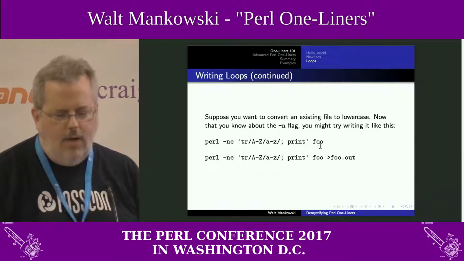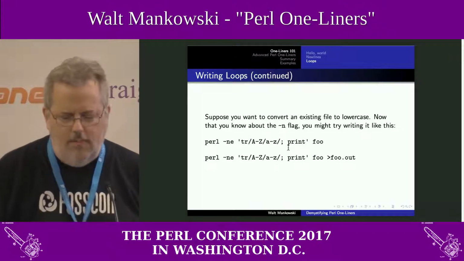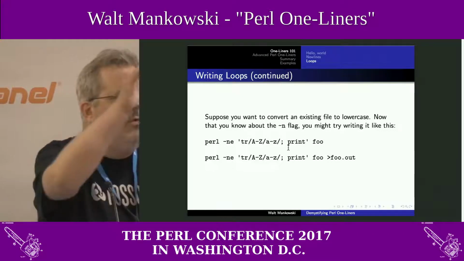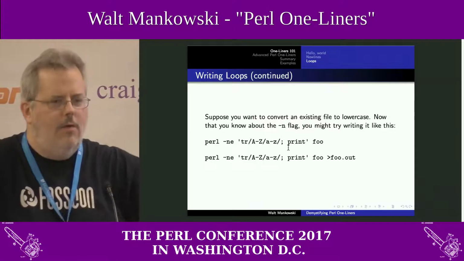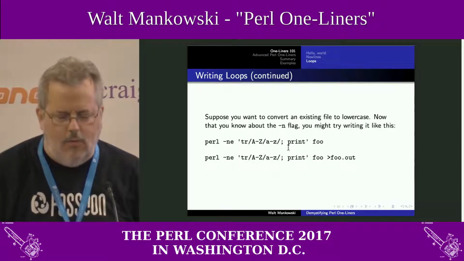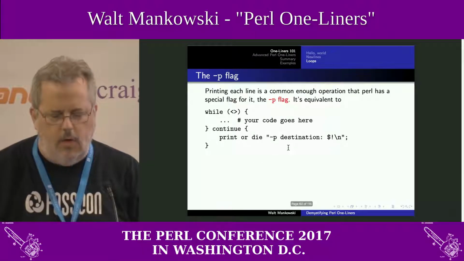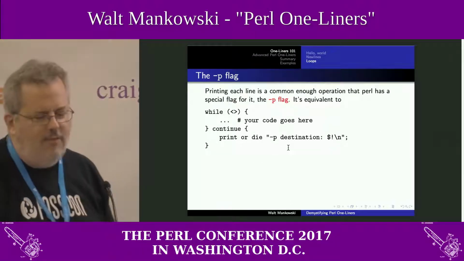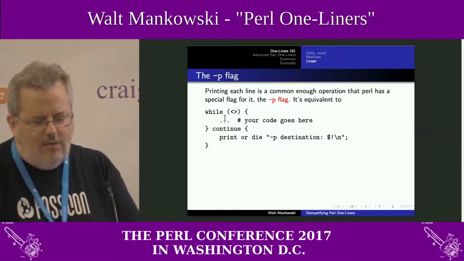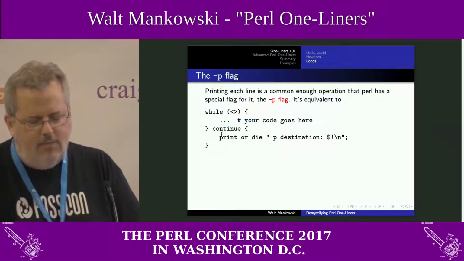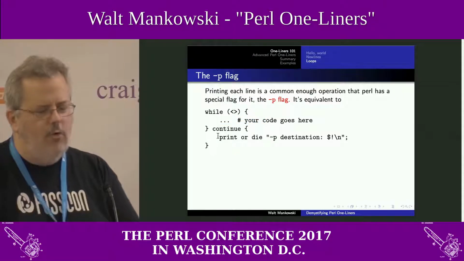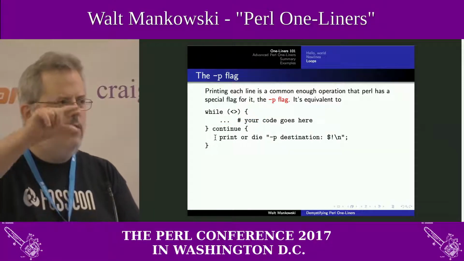So this is fine, and this all works fine still, but this is also a pretty common pattern where you're going to do some sort of modification to every line in the file and then print out whatever you have at the end. That's where the -p flag comes in. So that's like the -n flag, where there's this block in the middle where your code's going to go, except that after it's processed every line, it prints whatever.